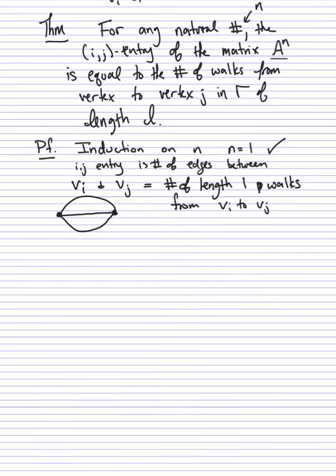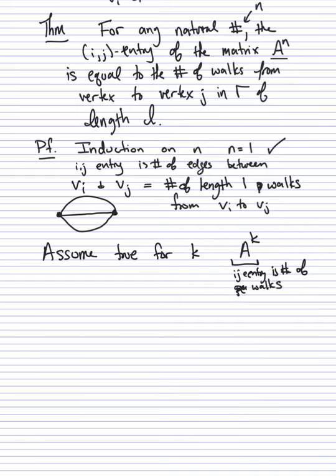Okay, so now we assume it's true for k. So if we look at the ijth entry of A to the k, that entry is the number of walks of length k.